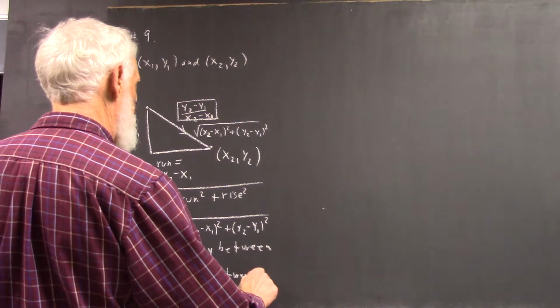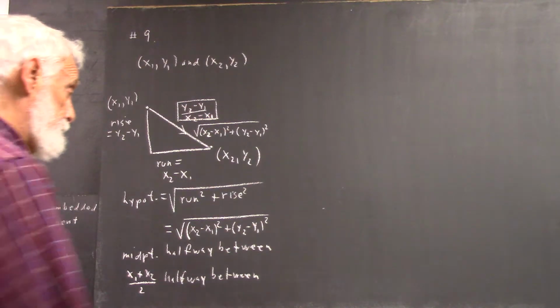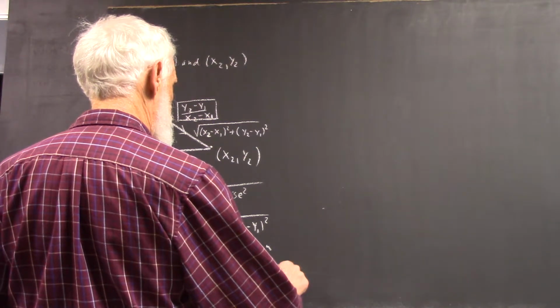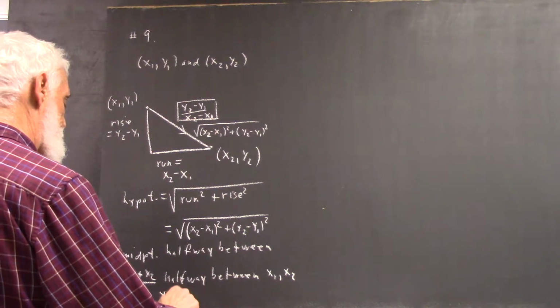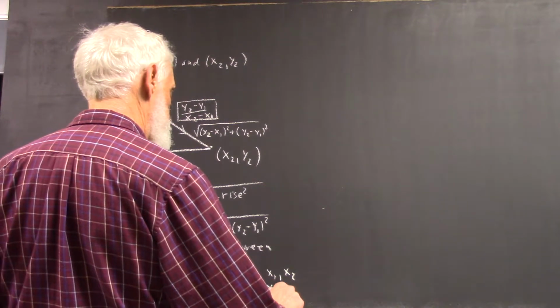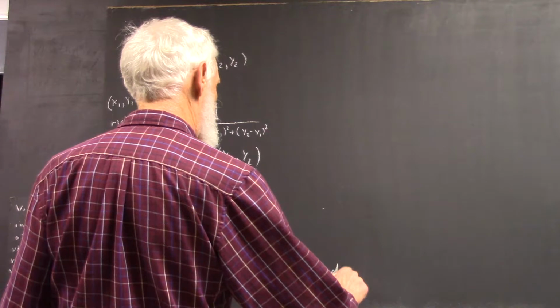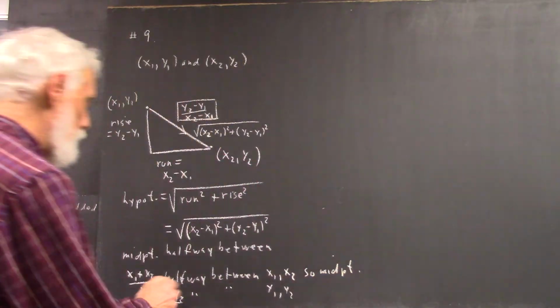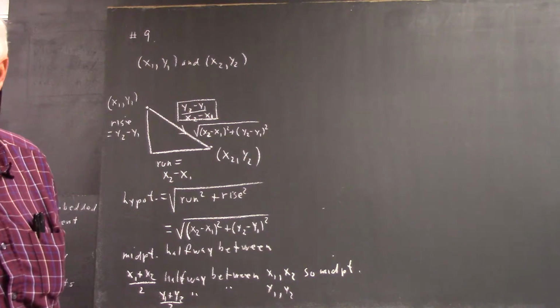If you add two numbers and divide by 2, you get the number that's halfway between them. And same thing for y. y1 plus y2 over 2 is halfway between y1 and y2.